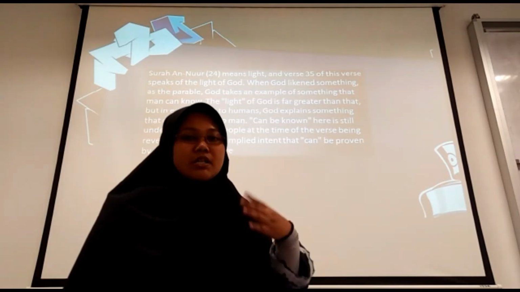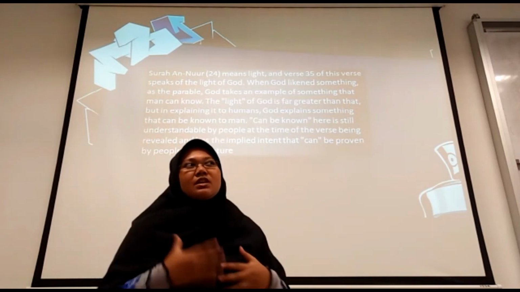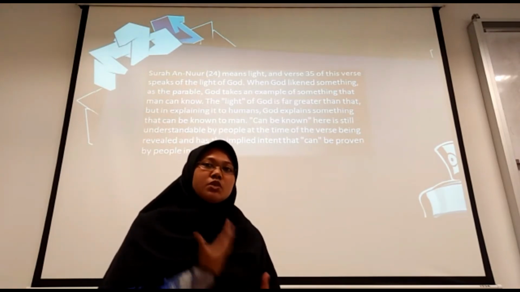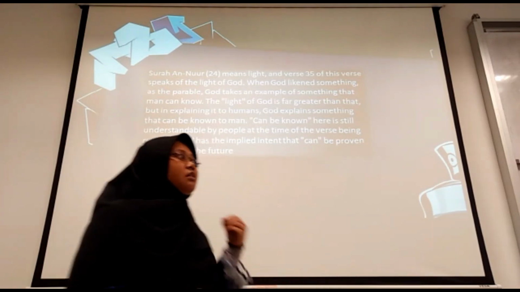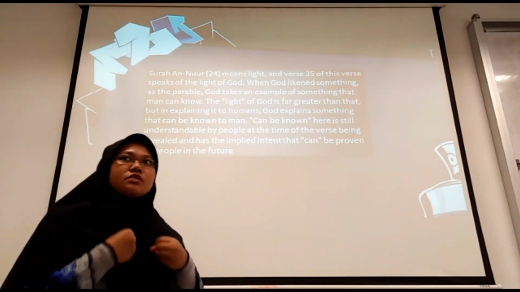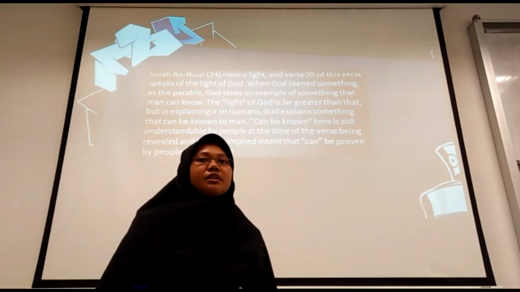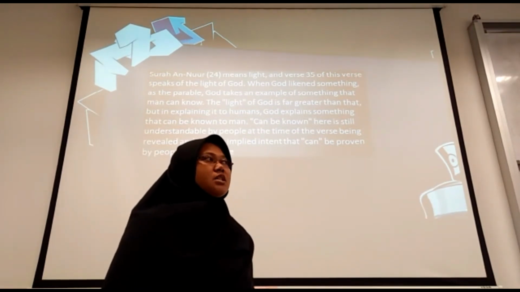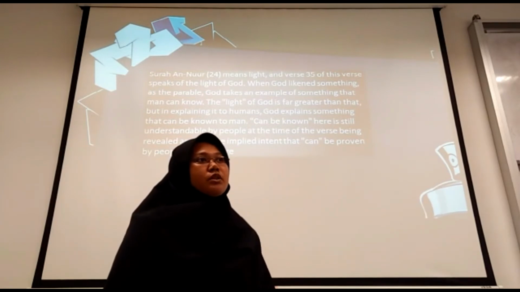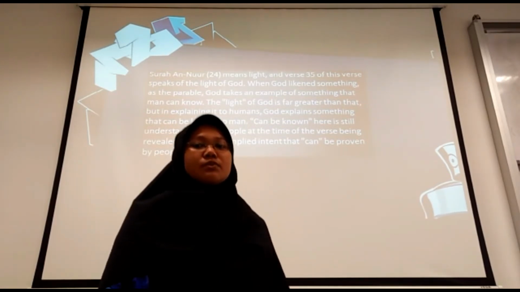For example, in this ayat, the light of God is, we know, actually far greater than any example or any of His creation. So in this ayat, Allah used a more understandable term for us, His creation, to understand. So we know that among the many lights that exist in this world, His light is actually far greater than any of them.